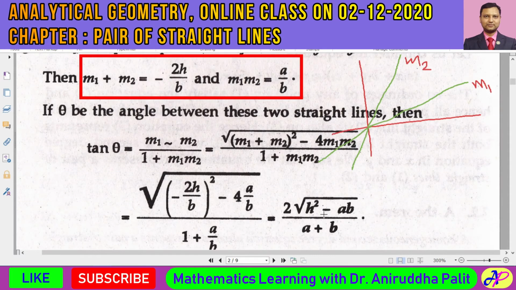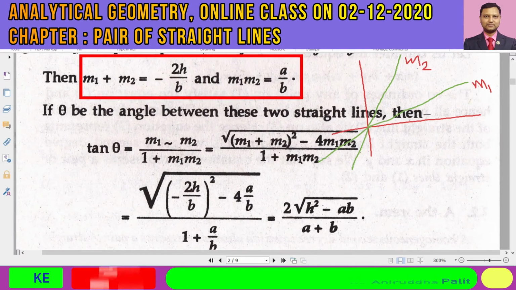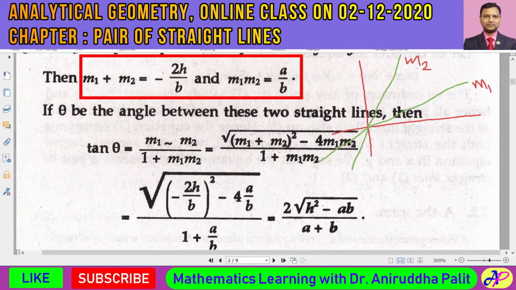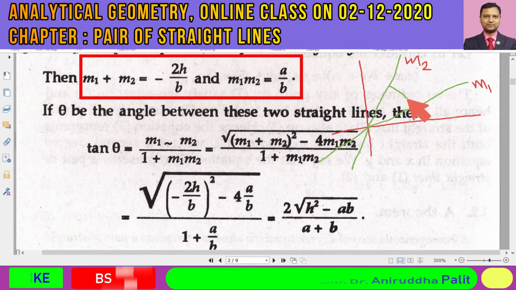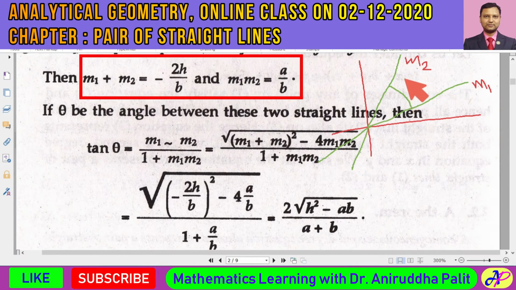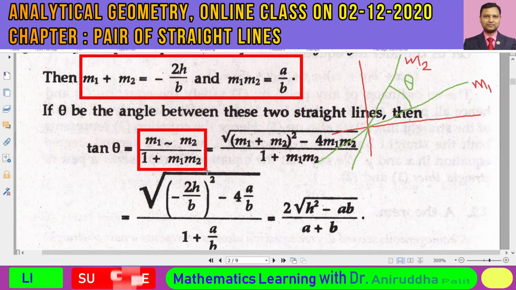Now you see, if theta is the angle between these two straight lines, say this is the angle theta, then we know that tan theta can be represented in this form: m1 minus m2 divided by 1 plus m1 m2, or it can also be written as m2 minus m1 divided by 1 plus m1 m2.